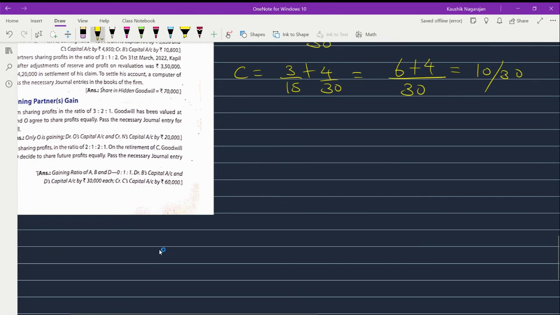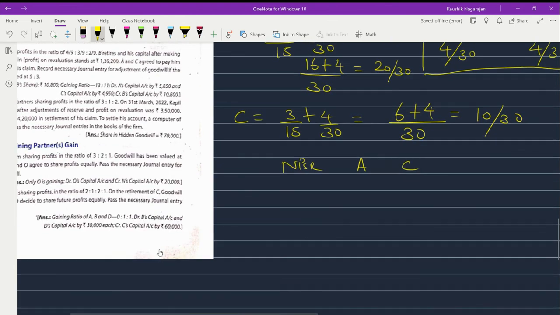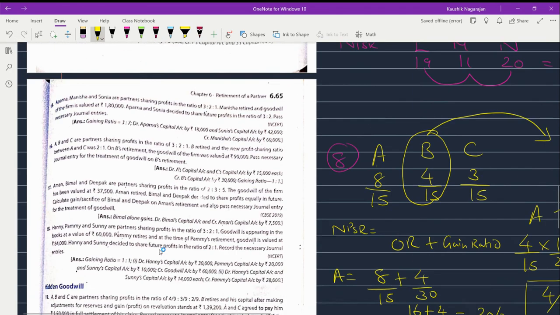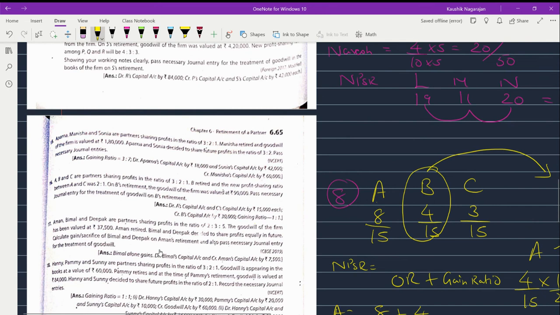Now you got your NPSR among the partner A and C. So A, the value is 20, and for C it is 10. Now this becomes as simpler, so it will be as 2 is to 1. So your NPSR should be 2 is to 1.